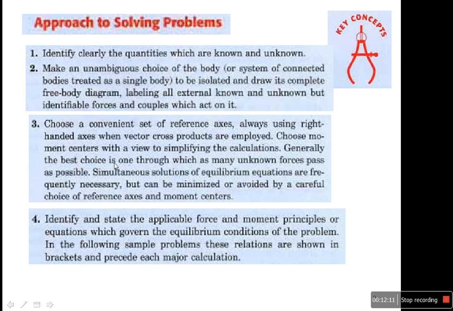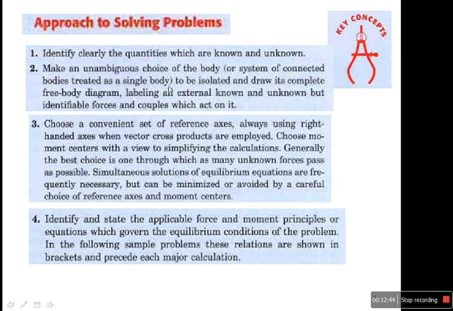Now, how can I solve the problem? First of all, I need to identify the quantities that I have, which ones are known and which ones are unknown. Two, I have to make an appropriate, unambiguous choice of the body.